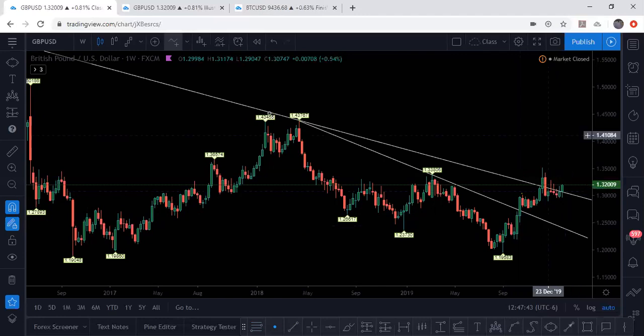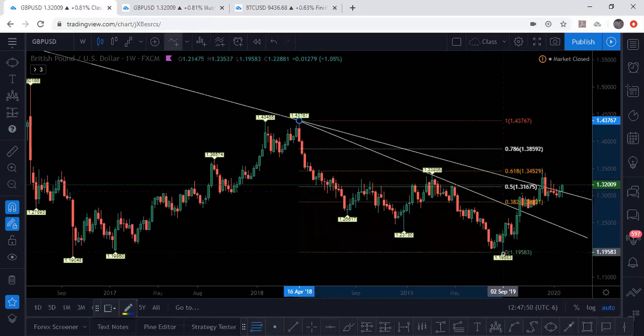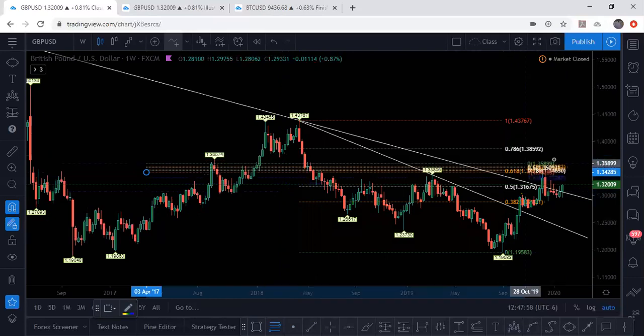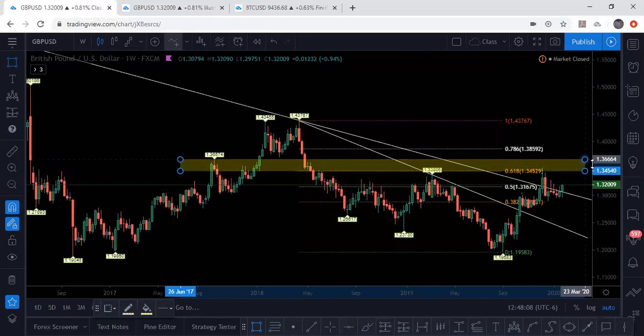Bring out my Fibonacci. Let's see what's going on. On the weekly, we're already at my 0.618 golden ratio. Let me draw my zone. I draw my zone right there, by the way, using the triangle thing.